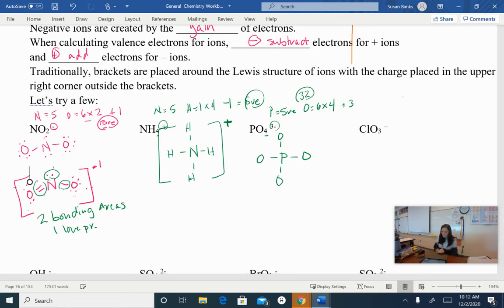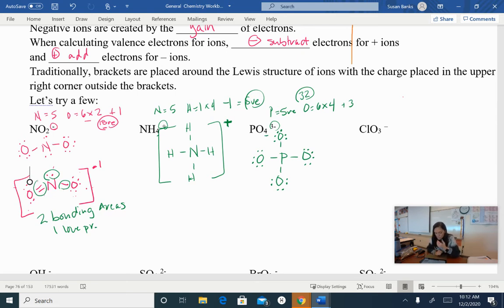Now, let's look at the oxygens. They have 1 bond, so they need 3 lone pairs to satisfy their octet to get them 8 electrons. So I'm going to put 3 lone pairs on each of these oxygens to satisfy their octets. And phosphorus has 4 single bonds with 2 electrons each, so its octet is already satisfied.